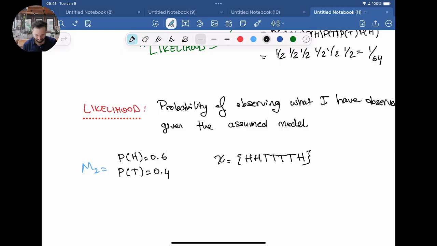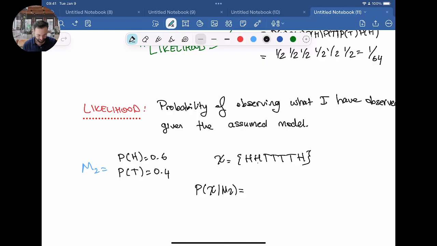And again, I can say, let's calculate, because likelihood is something that we can calculate. So we can calculate the probability of X given M2, and again, I'm not going to write down the assumption of independence. Now I'm going to count how many heads.